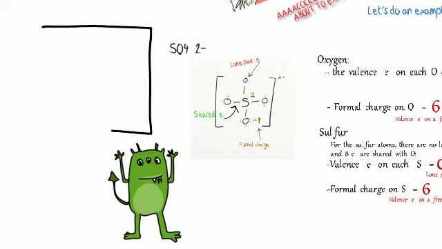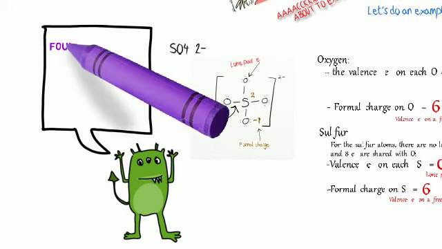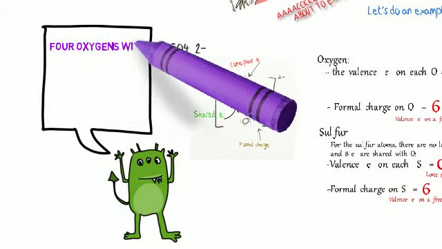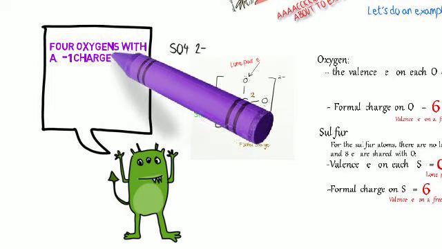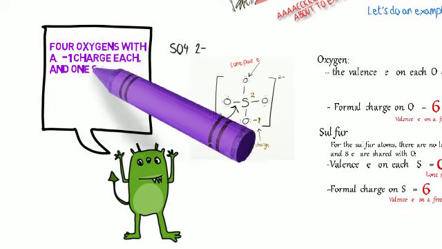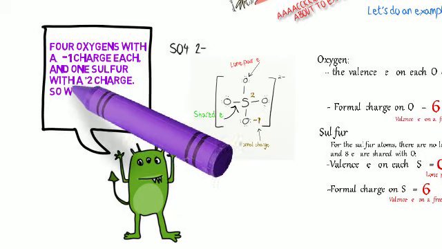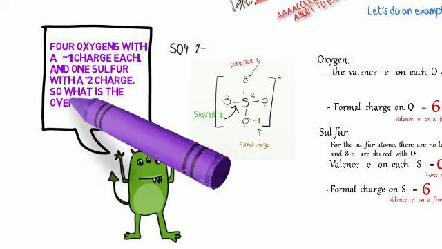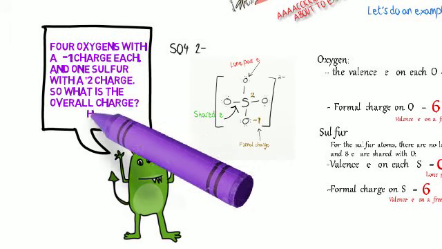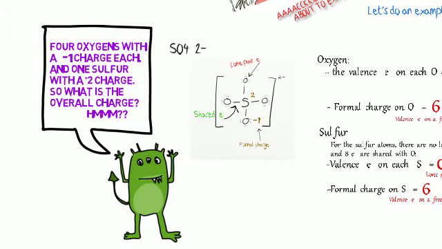And the question here is, when you look at it, there are 4 oxygens with a -1 charge each, and 1 sulfur with a 2 positive charge. So what is the overall charge on this species? That was C from up above. What is it?